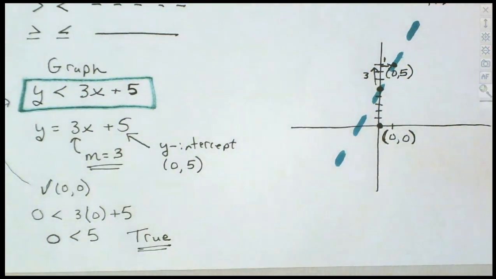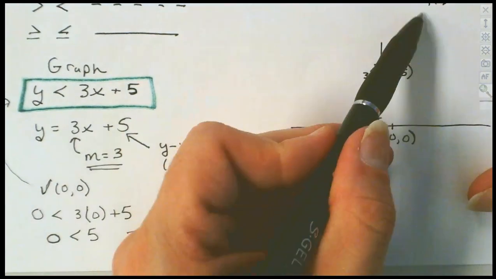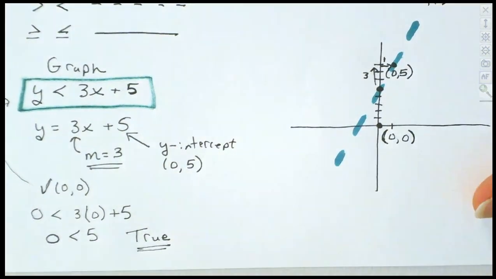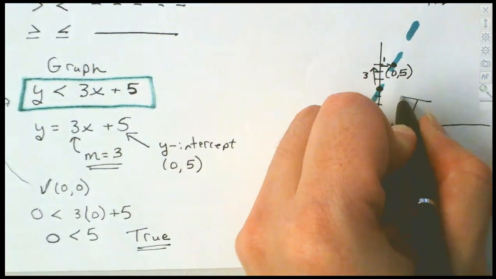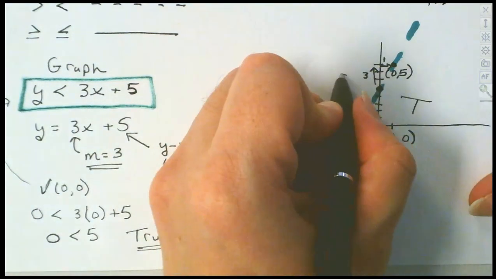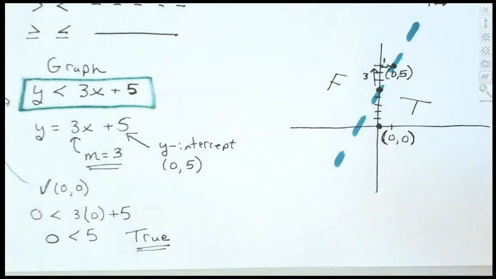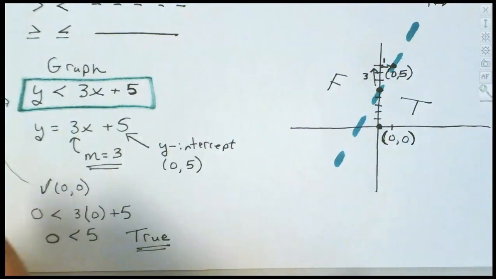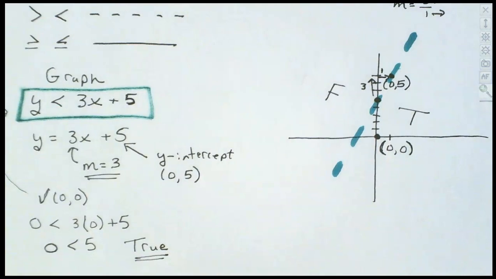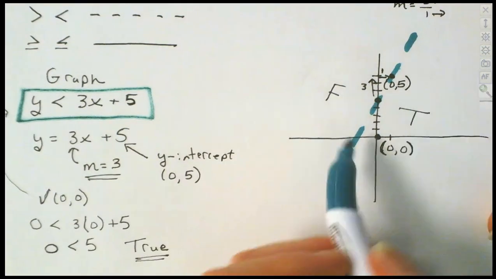Now, the line is going to divide it in half. So this line divides it. Our (0, 0) was the true half, so that means the upper side is the false half. Now we shade where it's true. So where is it true?